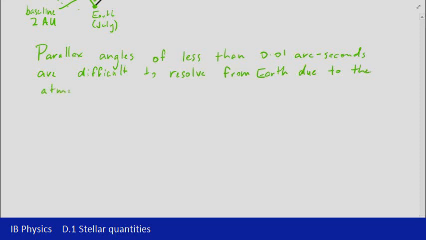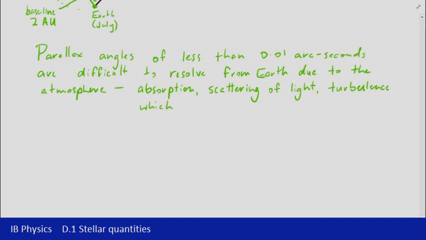So a couple of the problems that we get there being the absorption of the atmosphere, so it's going to absorb some light that's being radiated from stars. Scattering of light through the atmosphere is also a problem, so it decreases the brightness of stars, which makes it difficult to locate their position, and the last one being turbulence, which causes stars to twinkle.